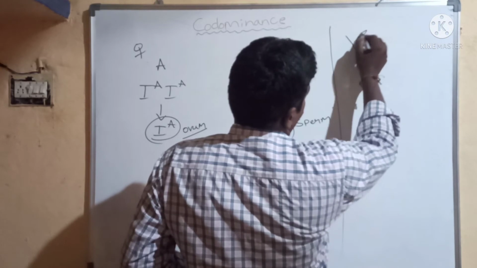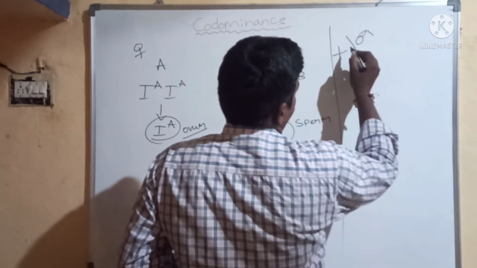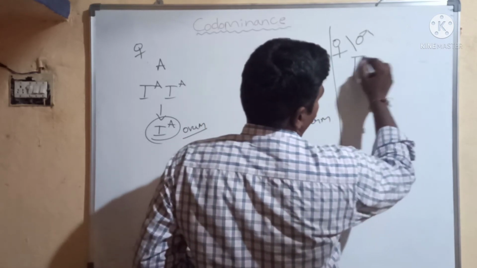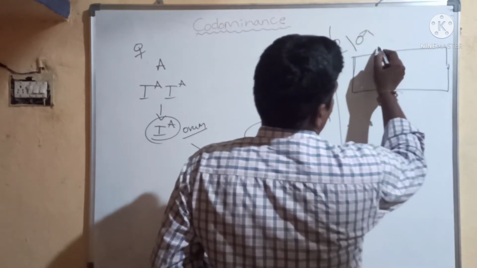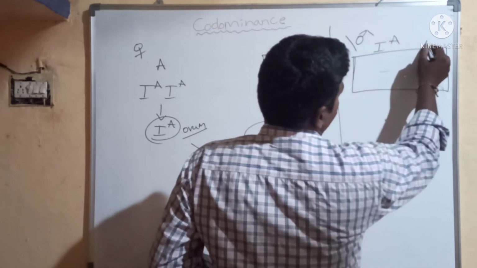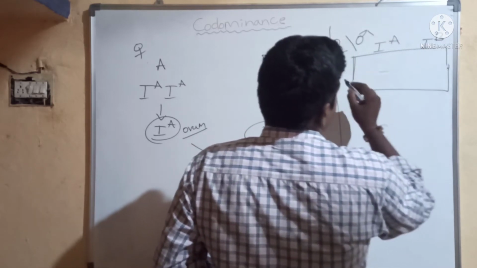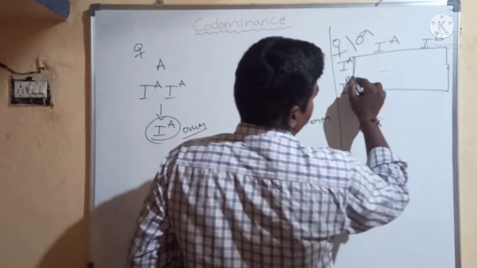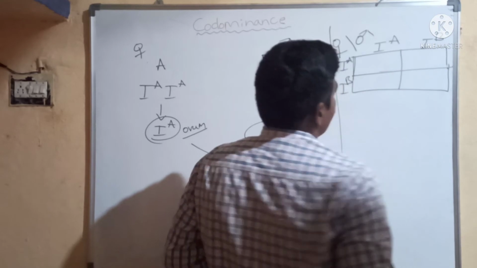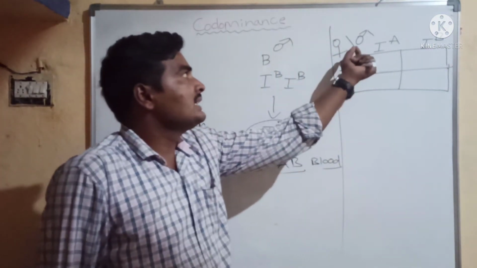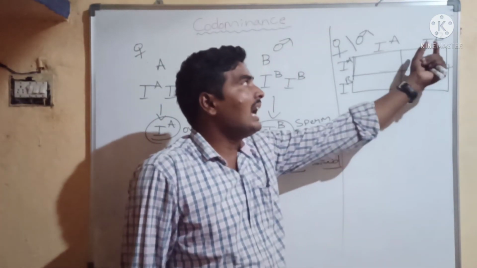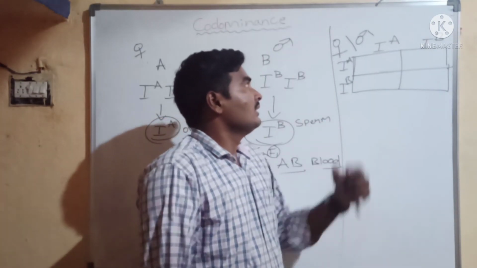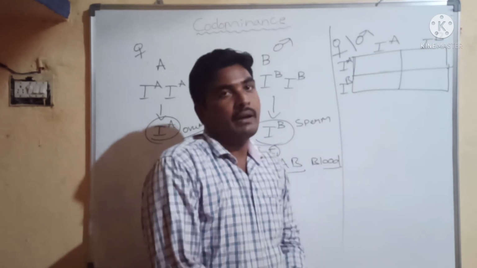The male has IA and IB gametes, and the female has IA and IB types of gametes.